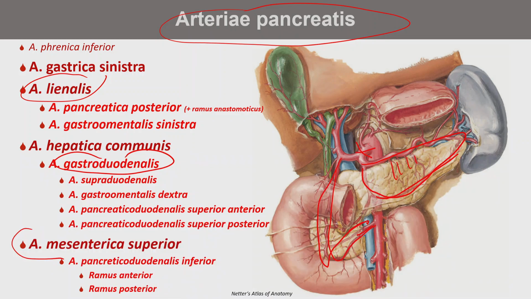If it is the truncus celiacus or the superior mesenteric artery, this is an arcade which is supplying the rest of the organs. This pancreatic arcade is also important in situations when the surgeon has to resect pancreatic cancer. Pancreatic cancer is very frequently localized in the head, and only resection is a curative way of treatment.